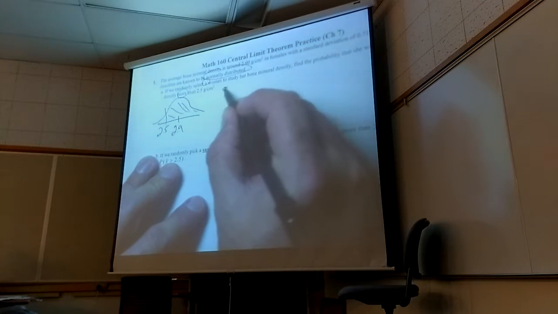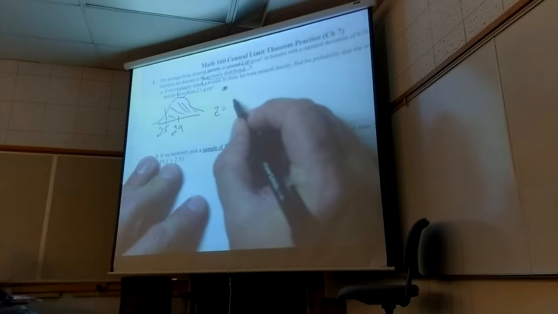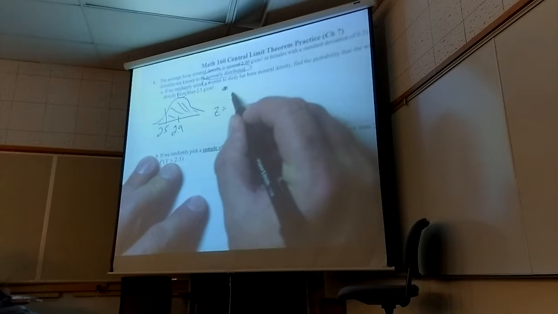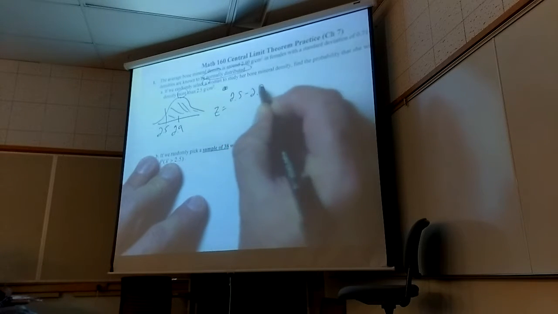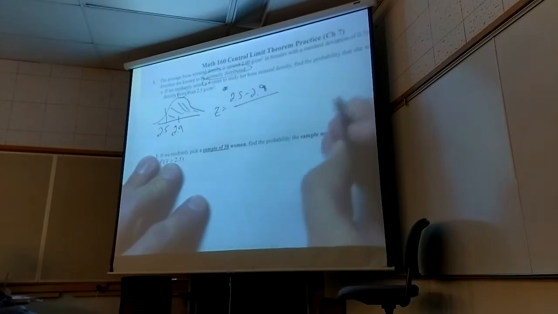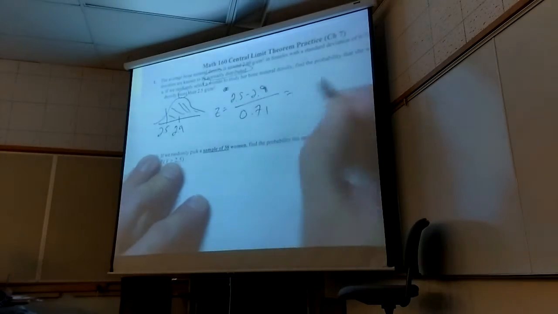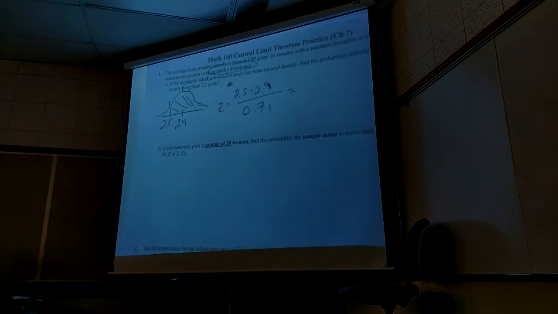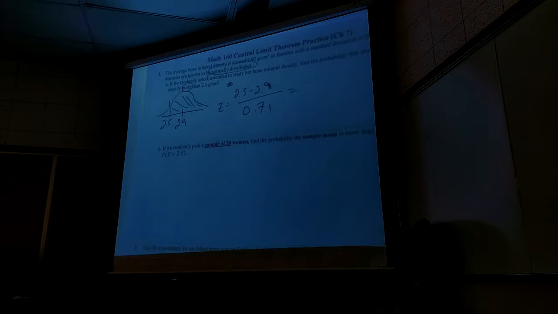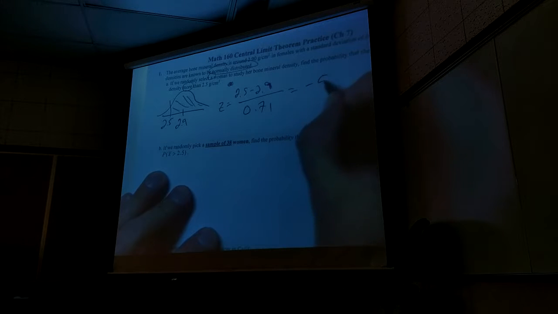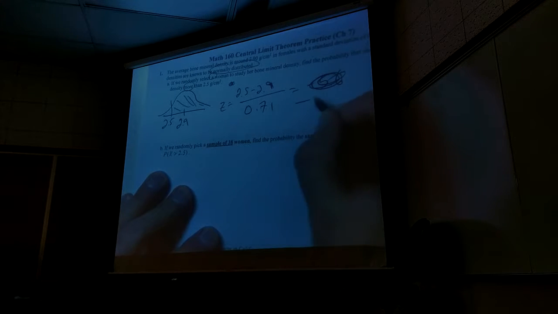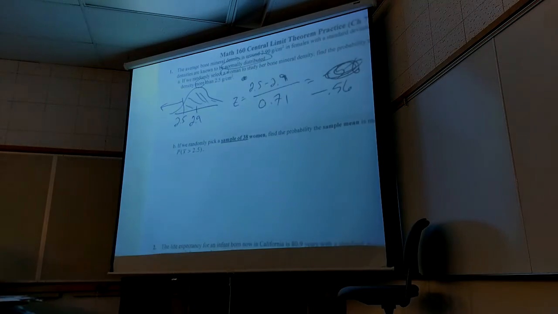Calculate. Yeah, get a z-score. 2.5 minus 2.9 divided by 0.71. And what do you guys get? Yeah, negative 0.56. Alright, I know some of you guys know the shortcut, that's fantastic.